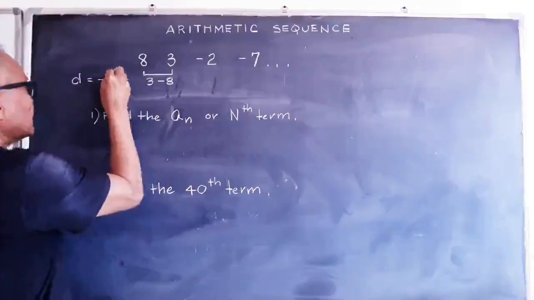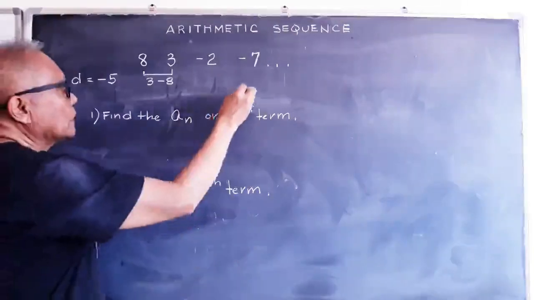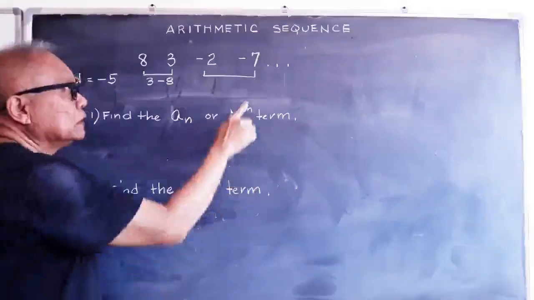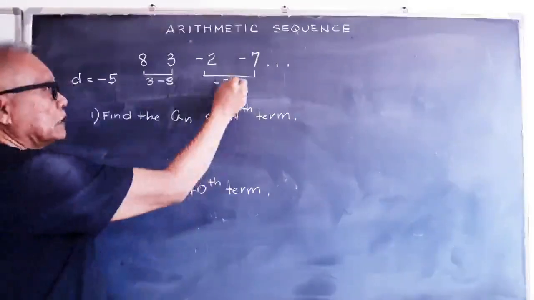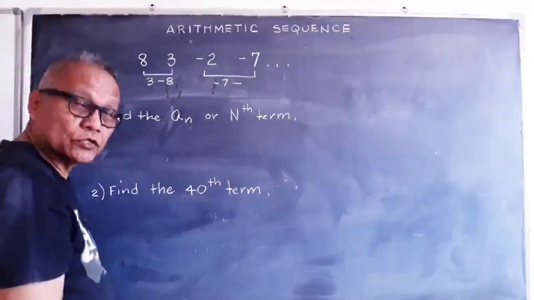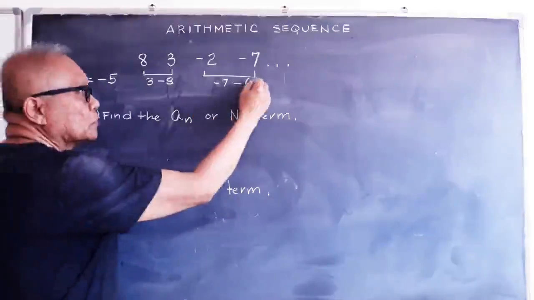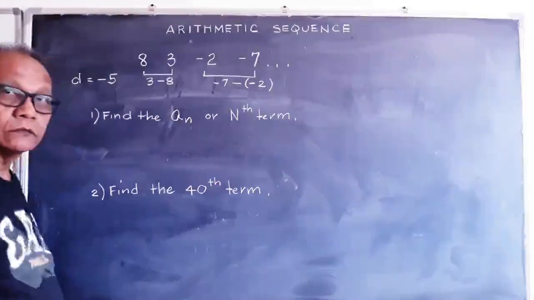So I'm going to write here negative 5 for the D. What about this one? How will you write that one? It's negative 7, and it is minus. But this one is negative 2, so we close that one in parentheses. So we have negative 2.